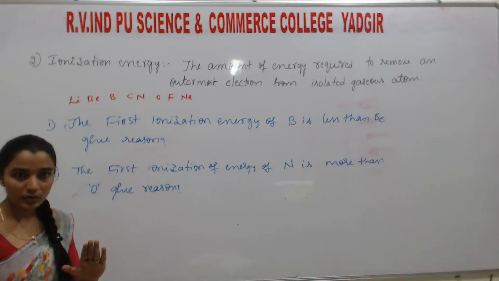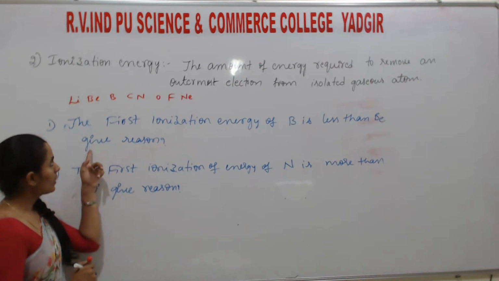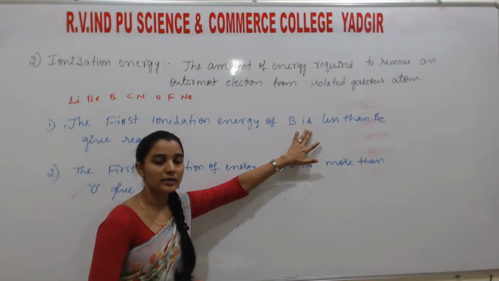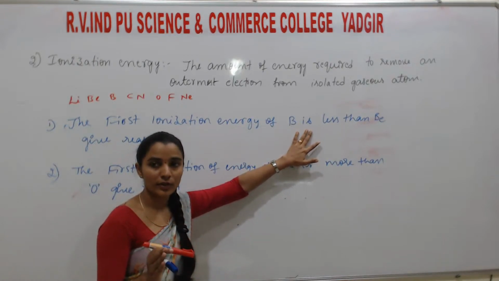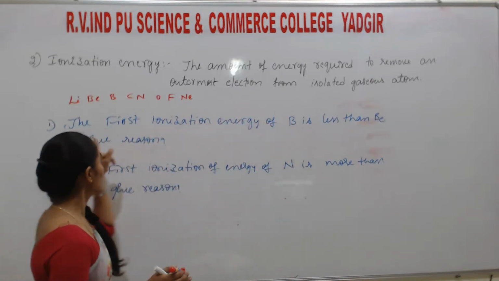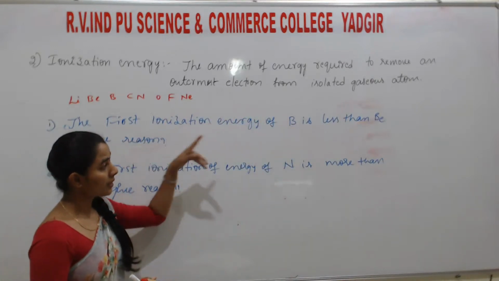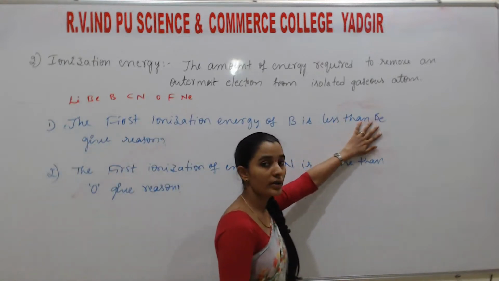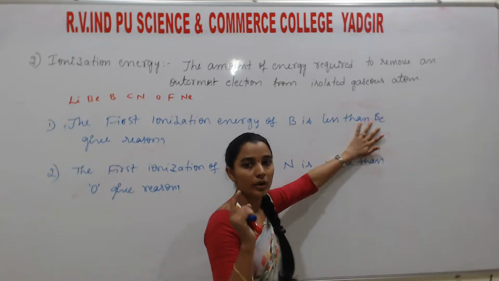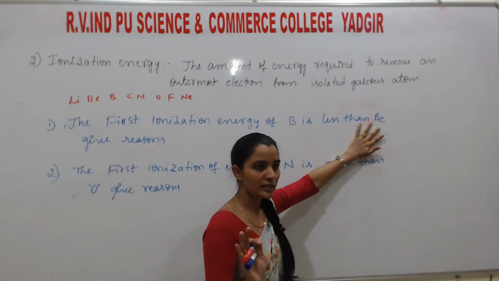The thing you have to write: the first ionization energy of boron is less because it has an unstable configuration of 1s2 2s2 2p1. Next, beryllium has a stable configuration 1s2 2s2. To break the stability, we require more energy. Only this much.